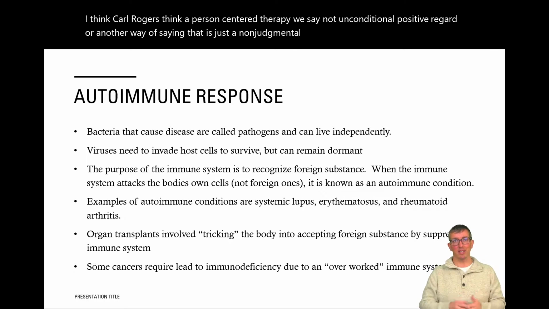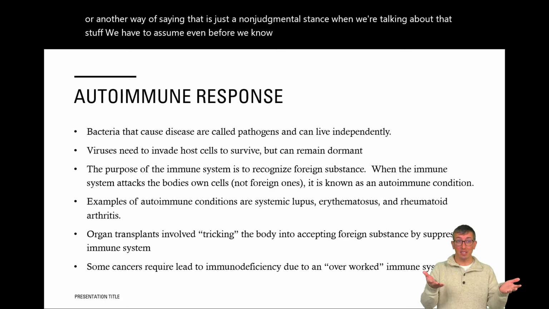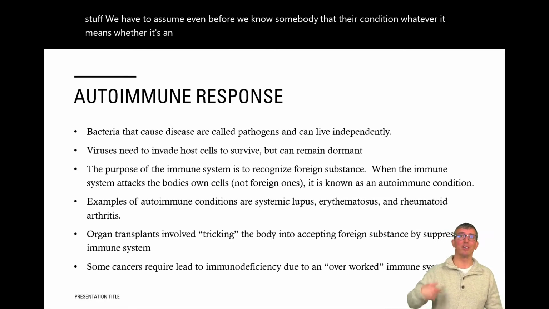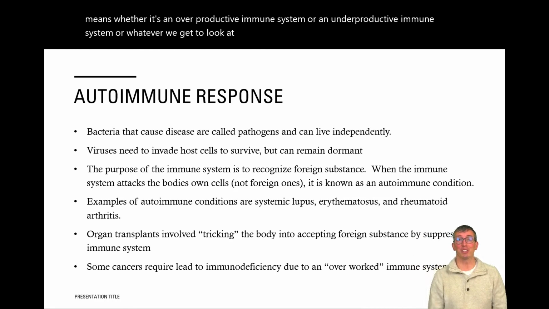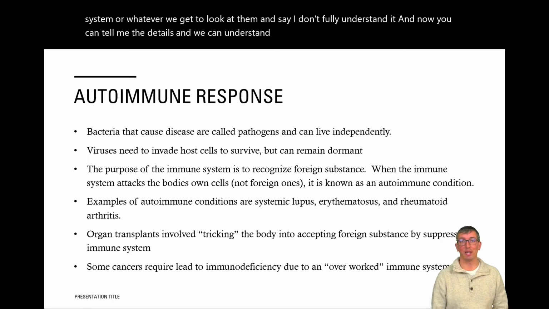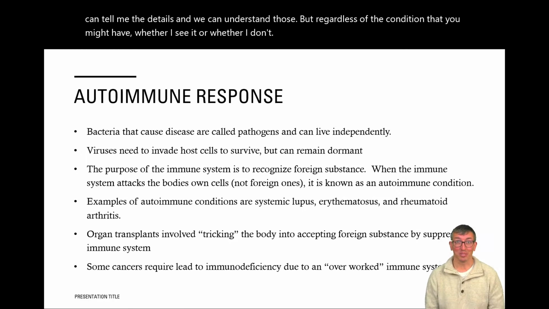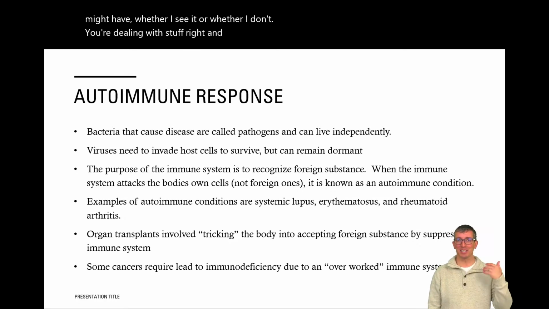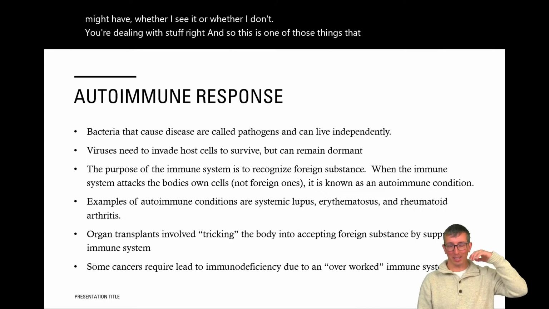When we're talking about that stuff, we have to assume, even before we know somebody, that their condition, whatever it means, whether it's an overproductive immune system or an underproductive immune system or whatever, we get to look at them and say, I don't fully understand it, and now you can tell me the details and we can understand those, but regardless of the condition that you might have, whether I see it or whether I don't, you're dealing with stuff, right?